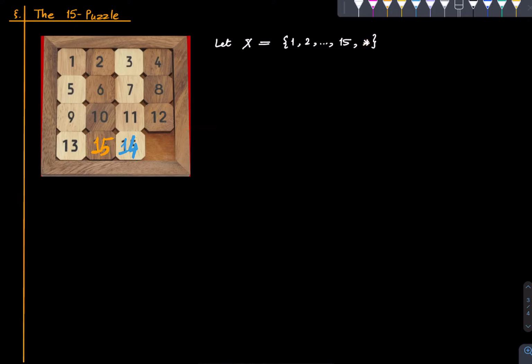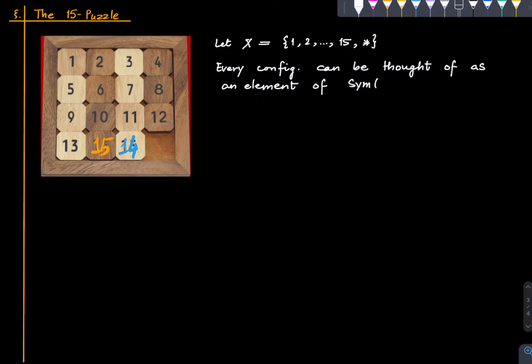So every configuration of these buttons can be thought of as an element of Sym(X), the permutation group of X.